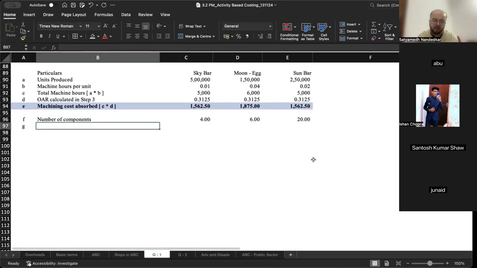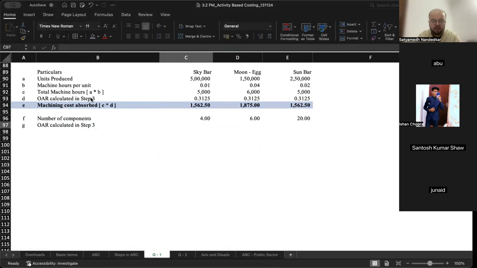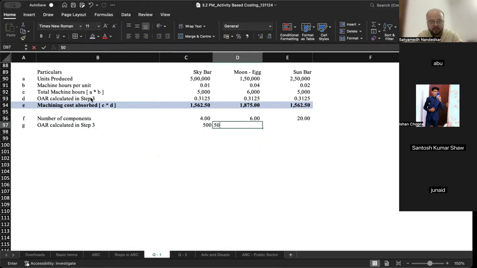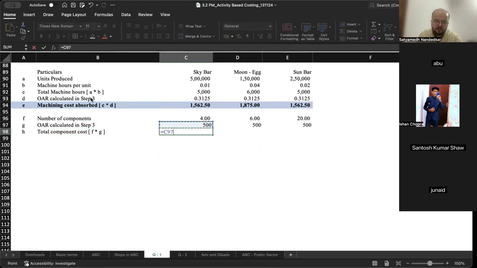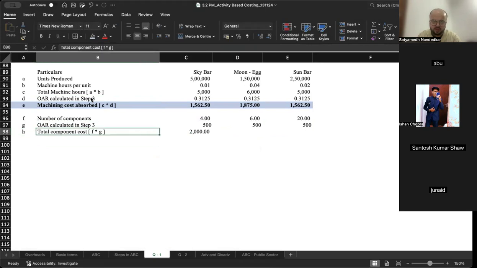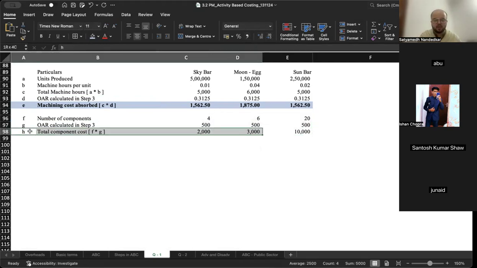Overhead absorption rate calculated in step 3. What is the cost per component? 500, 500, 500. So now I will get my total component cost, which is F into G. This will be 4 into 500. Don't worry, I'll remove the decimals. If the pattern is inconsistent, it looks bad. This is my total component cost.